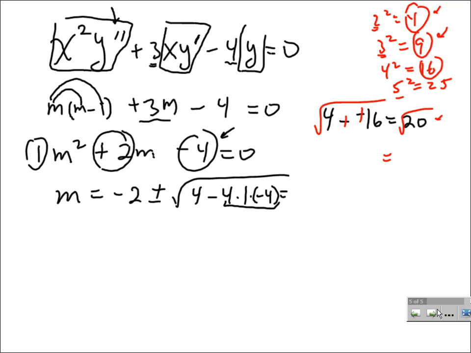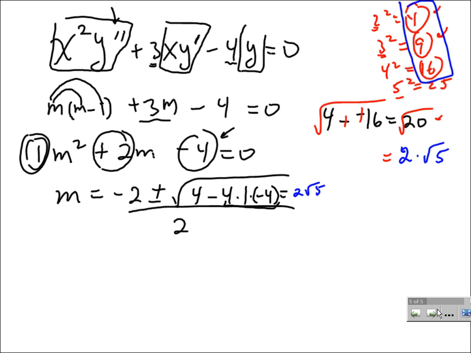Of these numbers, what's the largest number that goes into 20? The answer is 4. So this is the square root of 4 times the square root of 5, which is 2 square root of 5. And it gets divided by 2 times 1, which is 2. So we have negative 2 plus or minus 2 radical 5 over 2.